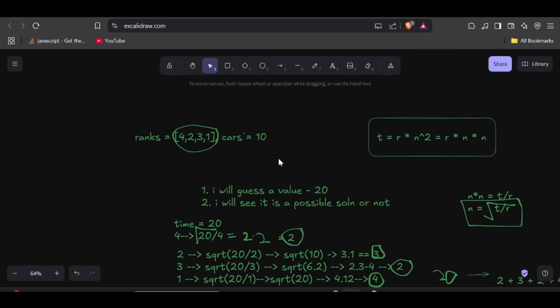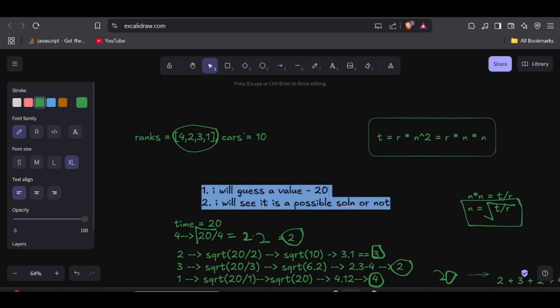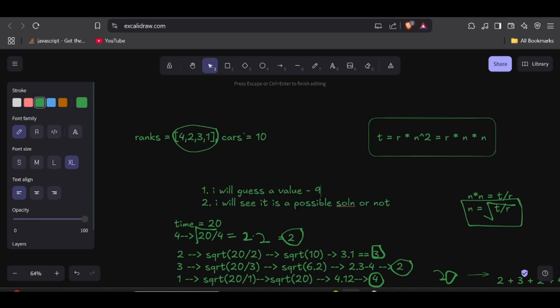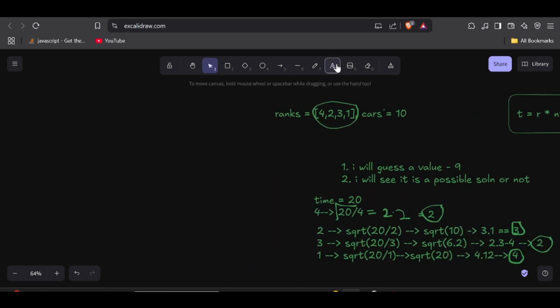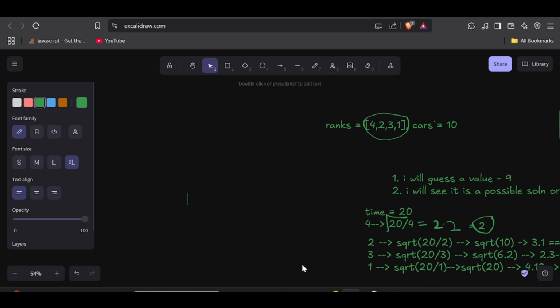Okay, so now let's take one more example. If I take it to be 9. This time I will be doing it a little bit fast. 9 divided by 4 is around 2, and its square root will give me 1. Next one is 2.